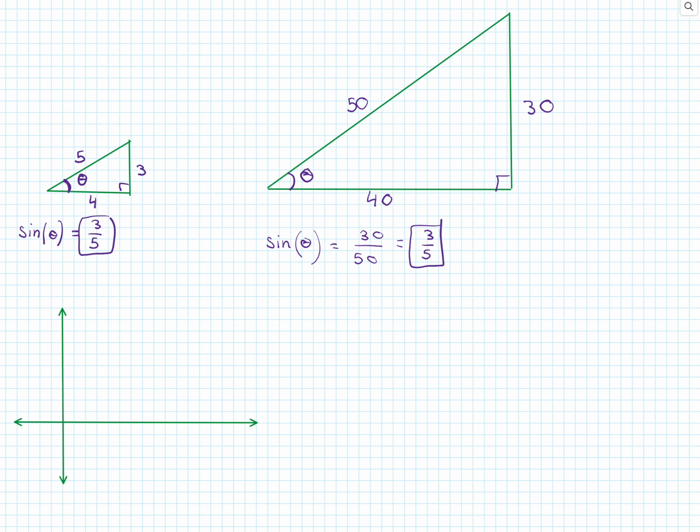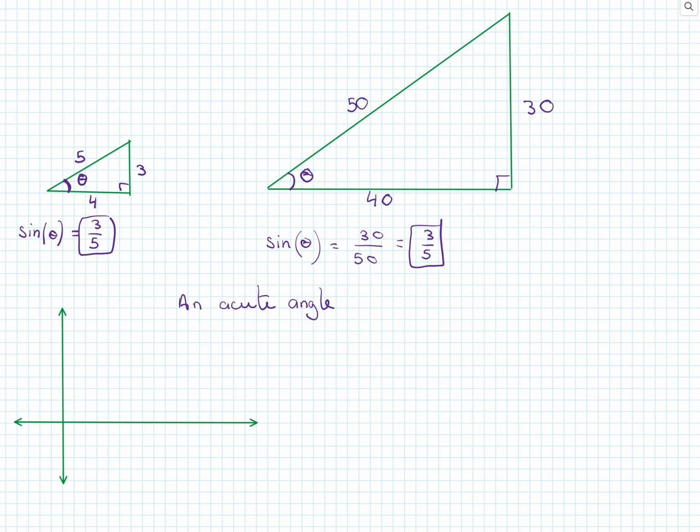All right, where do I go now? If I give you an acute angle theta that is drawn in standard position and passes through the point 2, 3. So we're going to have an acute angle theta.